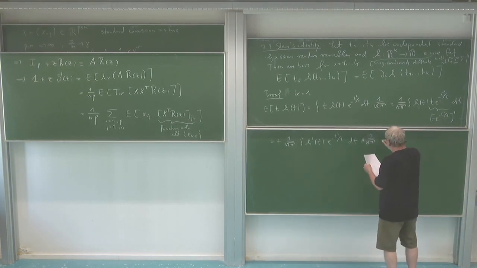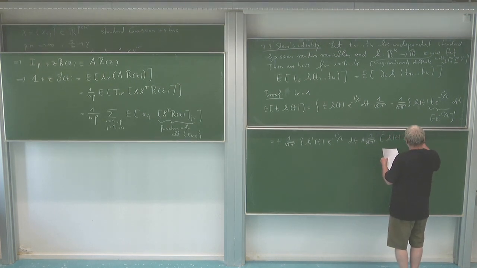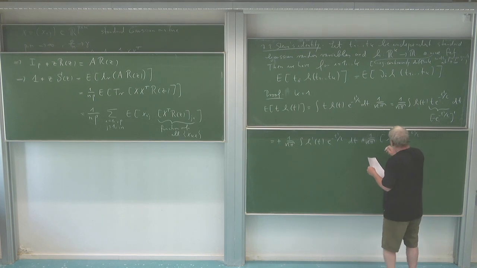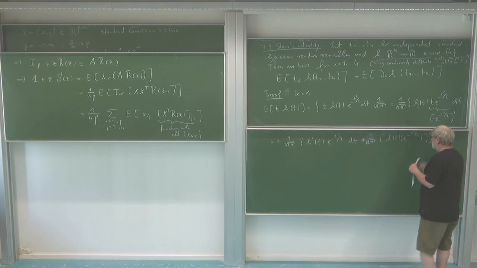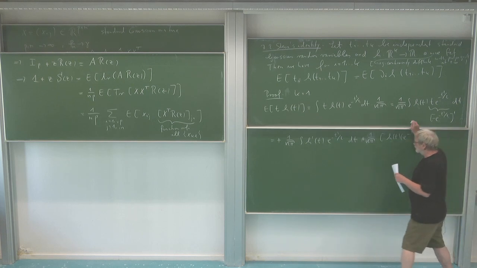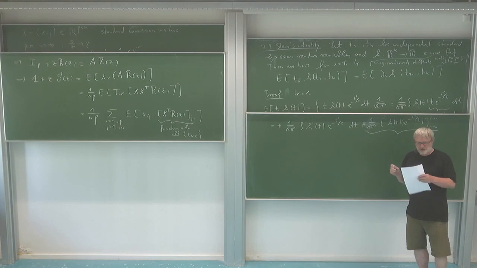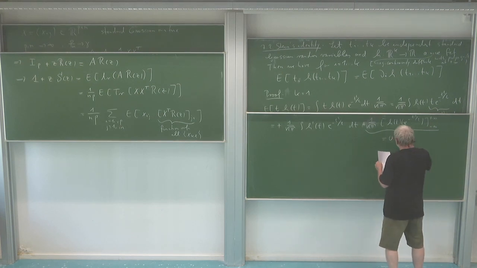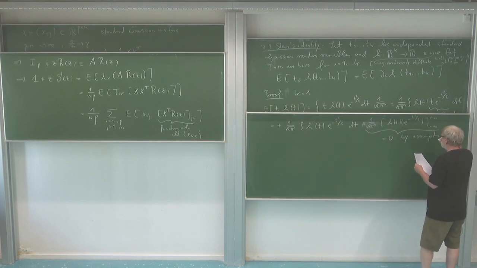So I should take the function h of t and e to the minus t squared over 2, maybe with a minus sign, but at plus and minus infinity. And this here goes fast to 0, and if h doesn't go too fast to infinity, then those boundary terms are 0. That's mainly the assumption which I need on my h. So this is 0 by my assumption on h.